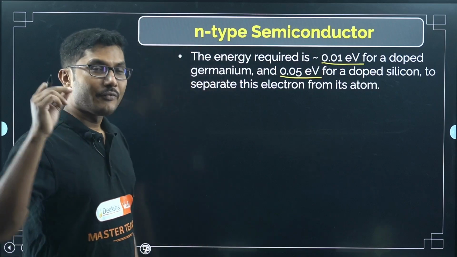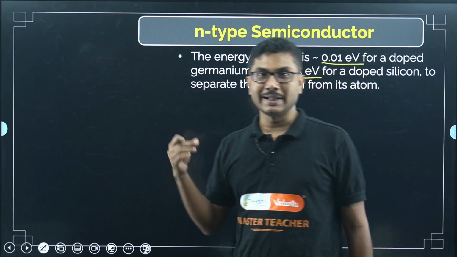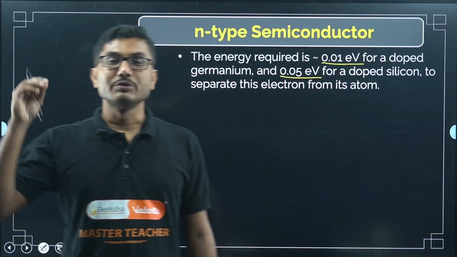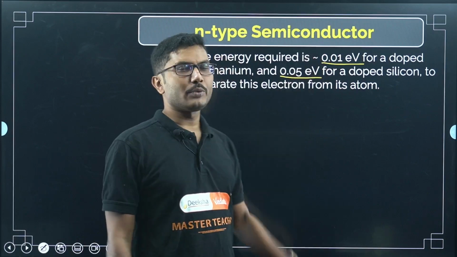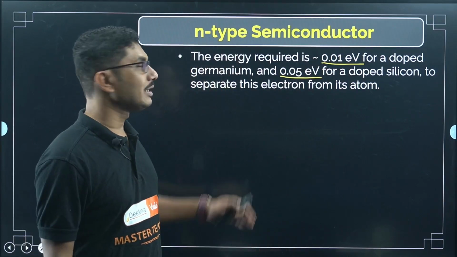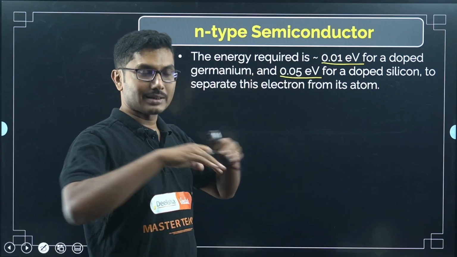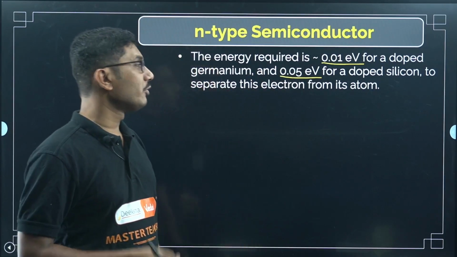Suppose you have doped phosphorus into germanium, then for the electron attached to that germanium crystal, you need only 0.01 electron volt to make it free. If the base crystal is silicon, then you need just 0.05 electron volt to make it free.